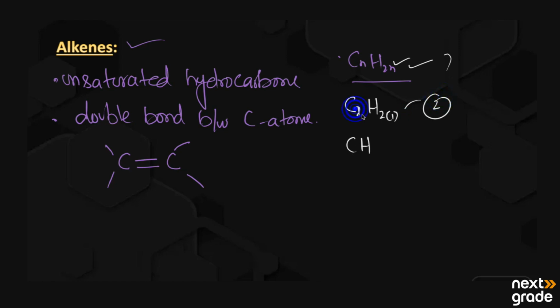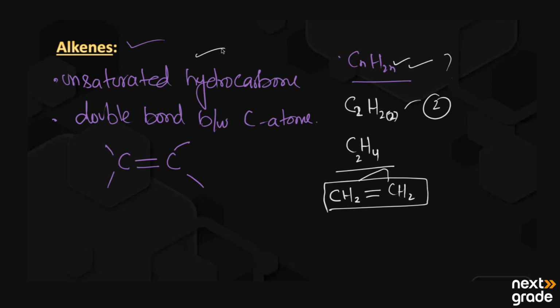So we put C2, H 2 into 2, then C2H4. The simple alkene is CH2 double bond CH2, in which the two carbon atoms have a double bond, and they are unsaturated hydrocarbons.